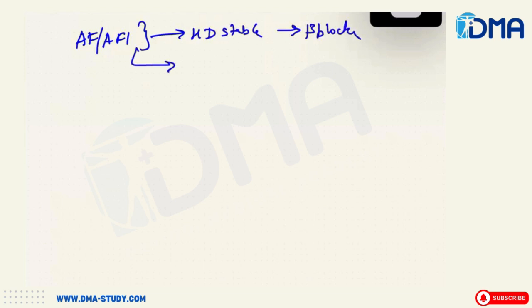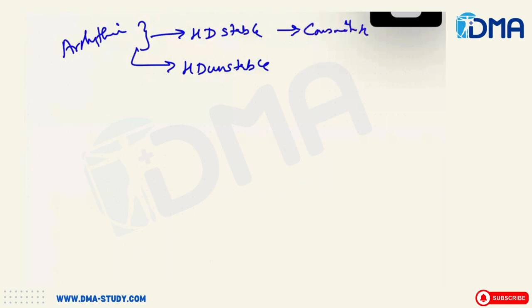For any arrhythmia, if the patient is hemodynamically stable, that means you are able to record the BP and the patient is conscious and oriented, you go for conservative management.